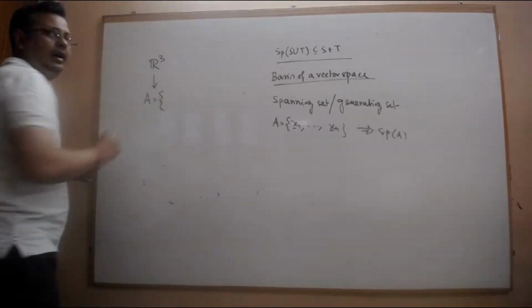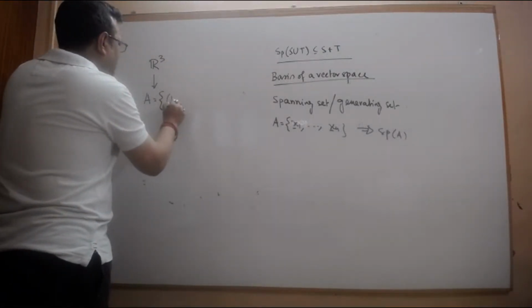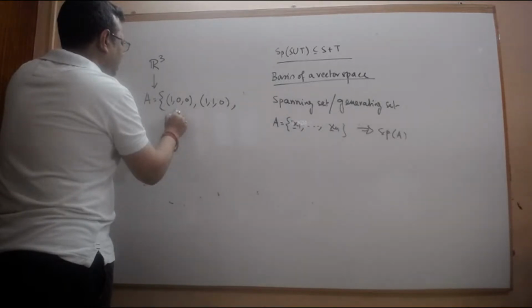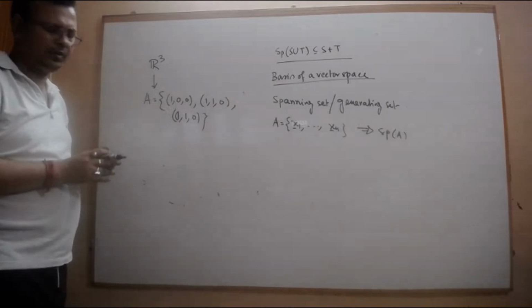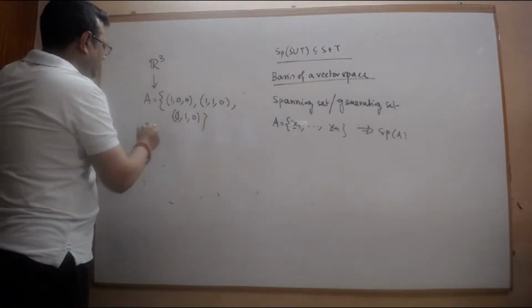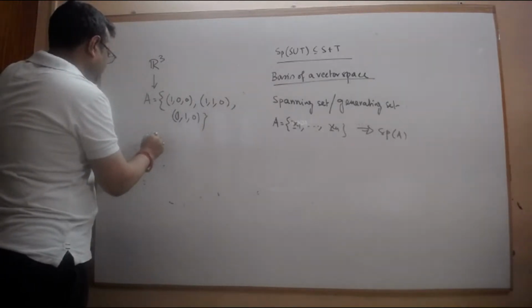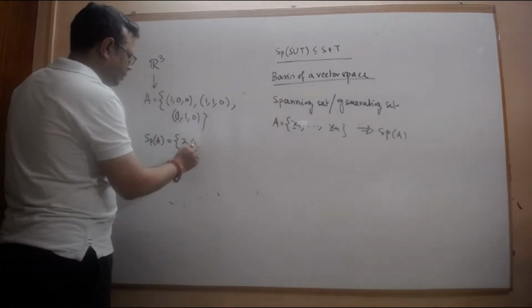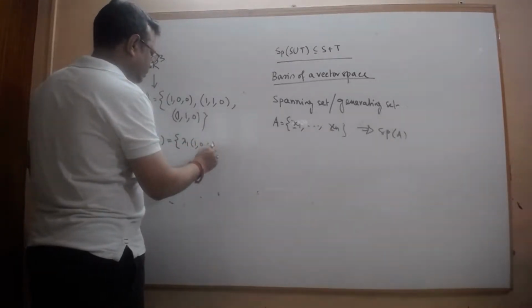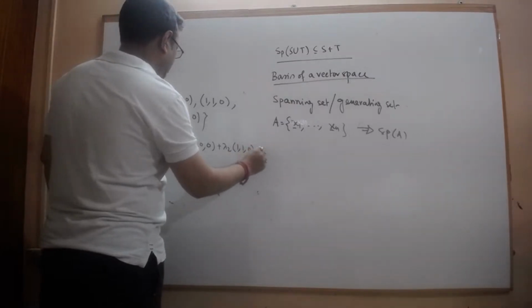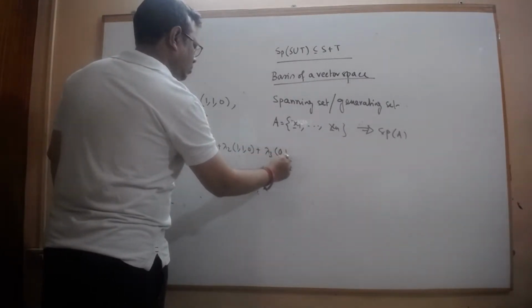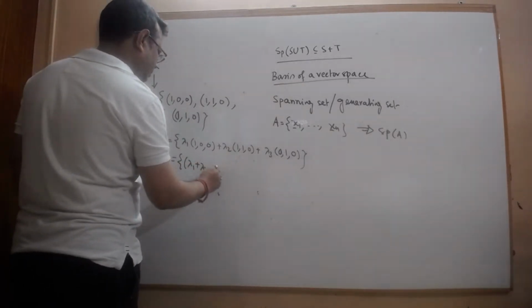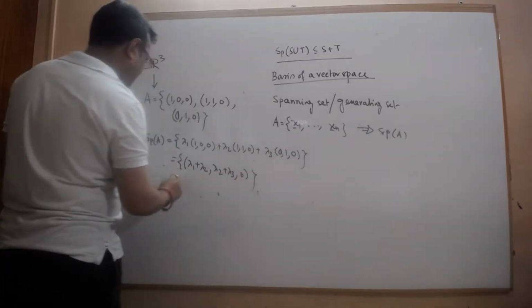I take a set A which contains three elements. These three elements generate a vector space, the span.